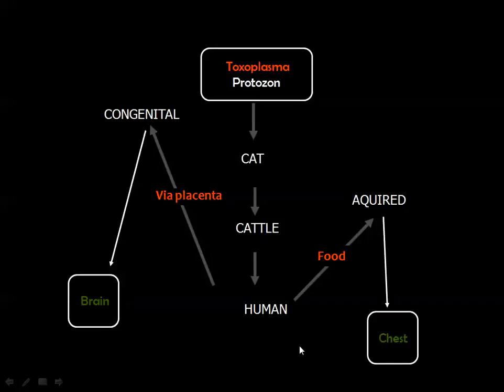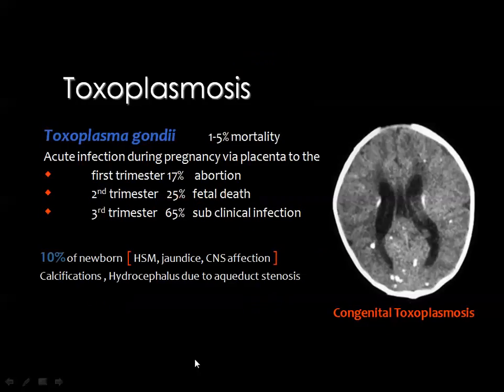Toxoplasma is a protozoon which is transmitted by cat to the cattle, then to the human being. If it is transmitted by food, it will result in acquired infection which will affect mainly the chest. But if it is transmitted through the placenta, then it will result in the congenital infection which will affect mainly the brain.